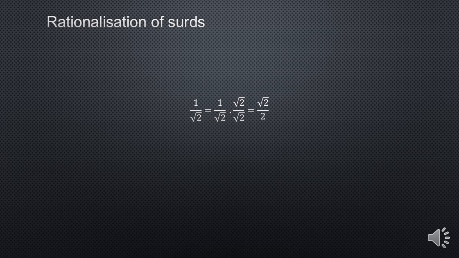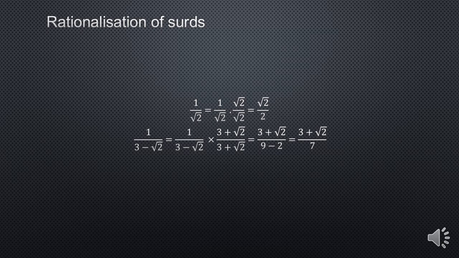Effectively, this is equivalent to multiplying by 1, because you have root 2 out of root 2, which is equal to 1. But because of this, the root 2 will cancel out in the denominator, because root 2 squared would give you 2. So 1 times root 2 out of 2, so we'll get root 2 out of 2. So to rationalize is to remove the surd from the denominator.